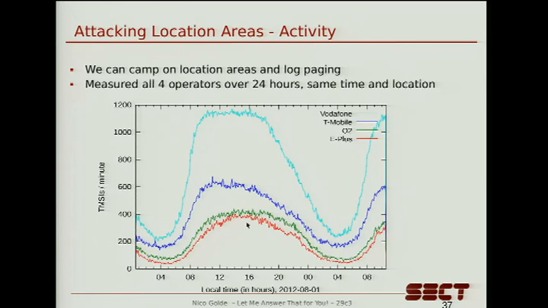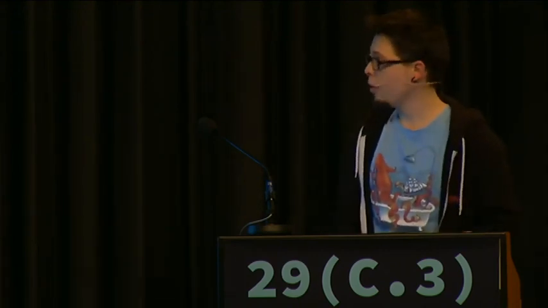And as you see here already, the amount of paging changes throughout the day, and what you basically see is human activity. So people stand up at 8 in the morning, they start to use their phone calls, you have a peak sometime in the afternoon, and the later the day gets, the less paging exists. So obviously, depending on the size and the amount of customers of the operator, the paging activity is different. So O2 and E+ are pretty small operators.